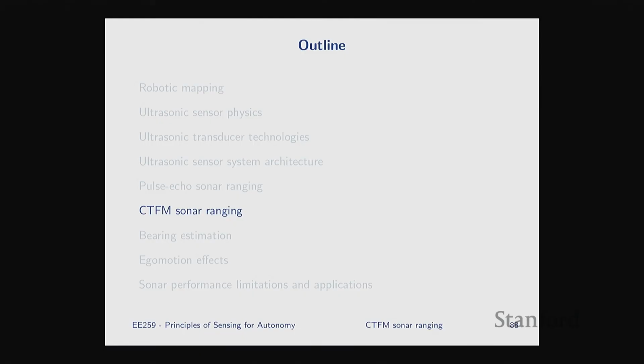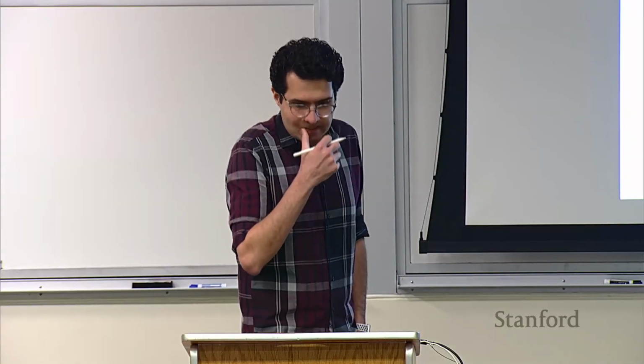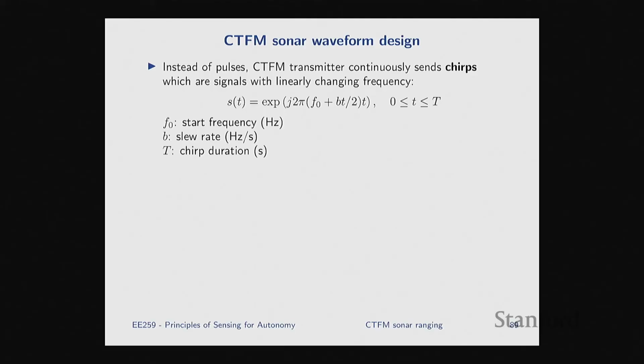Now we want to talk about the second category of waveforms, which were these continuous waveforms that are used for sonar ranging. Specifically, as we said, the waveforms that are used in CTFM sonar are frequency modulated. And there's a very interesting, clever type of frequency modulation that is used in these waveforms, called linear frequency chirps.